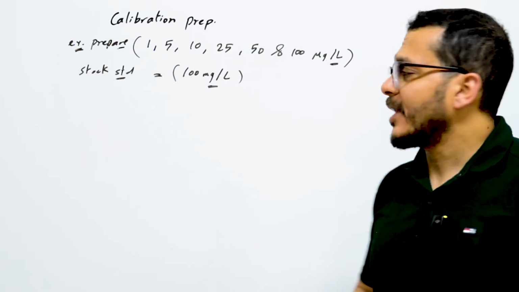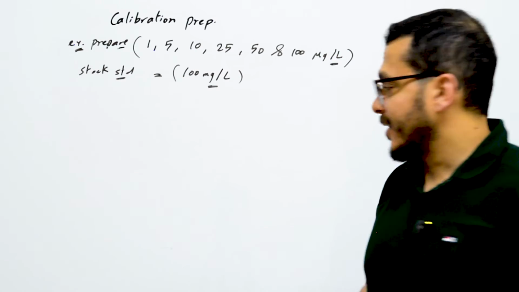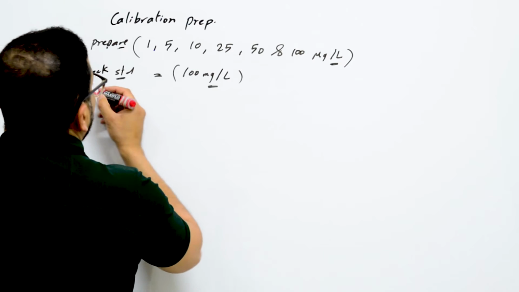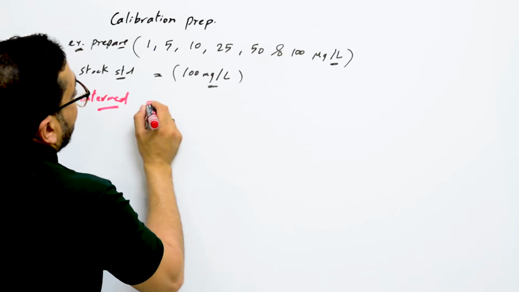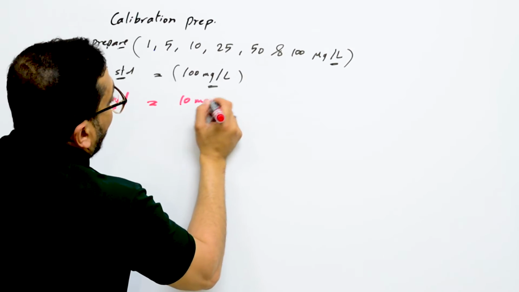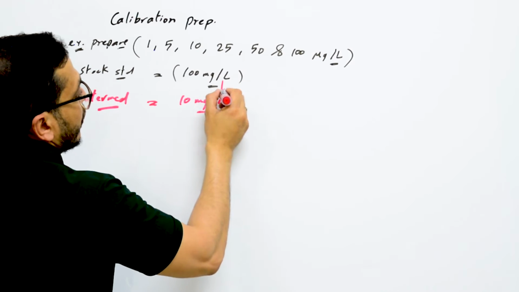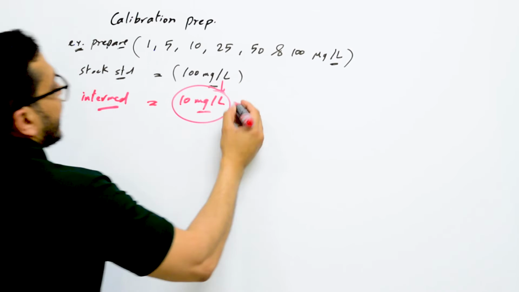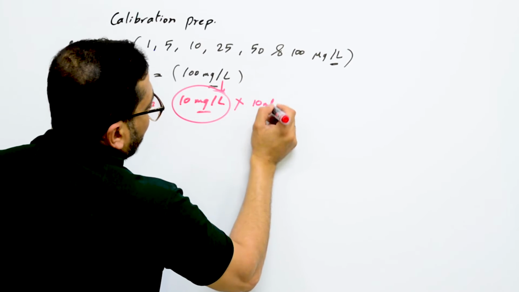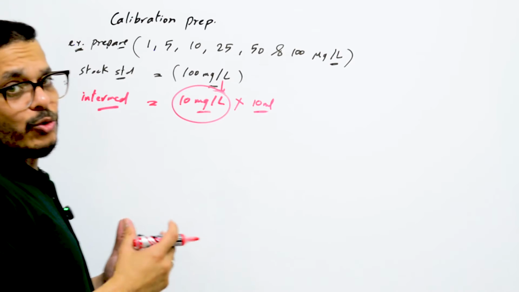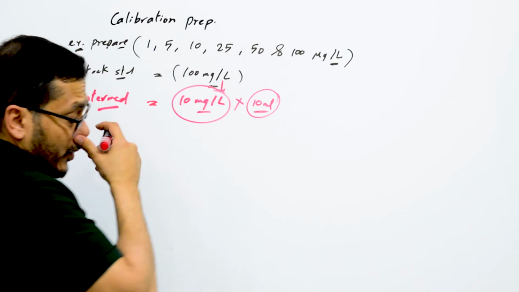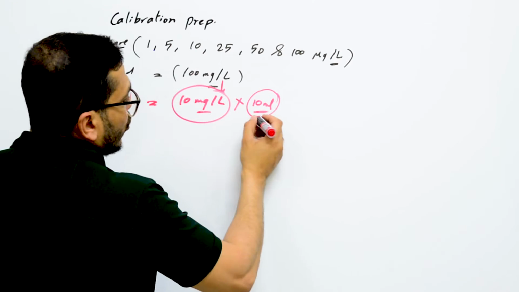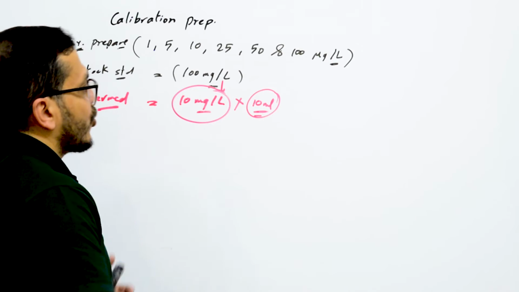You have only the stock standard of 100 milligram per liter. So you will prepare at the beginning an intermediate standard of 10 milligram per liter by serial dilution. 10 milligram per liter in 10 ml. It is better to use this; no need to use 100 ml volume, just 10 ml will be enough because it will be used for a long time and you need to always refresh it.